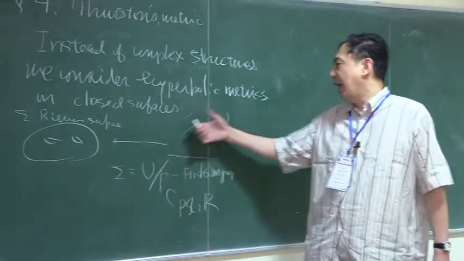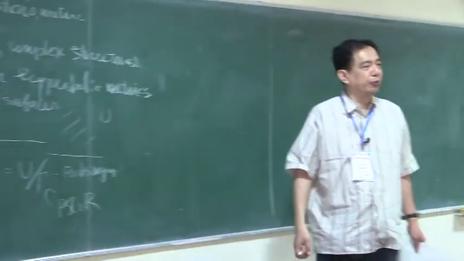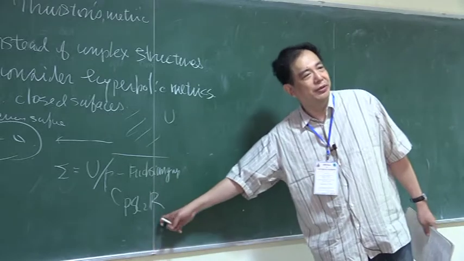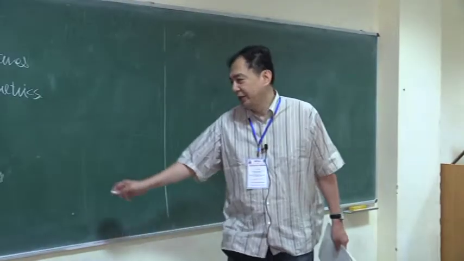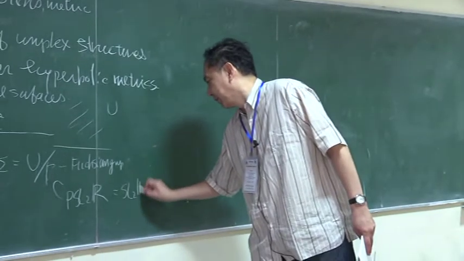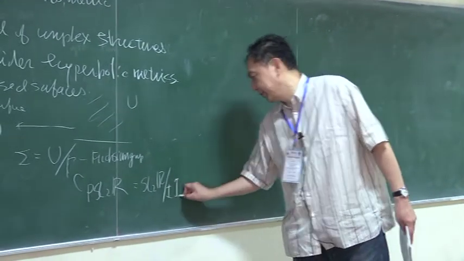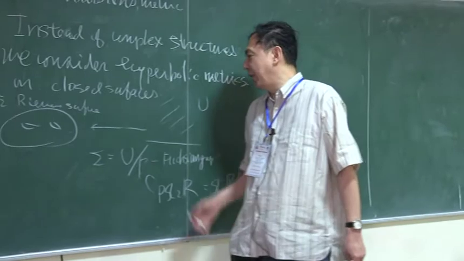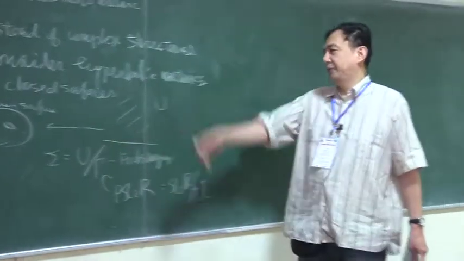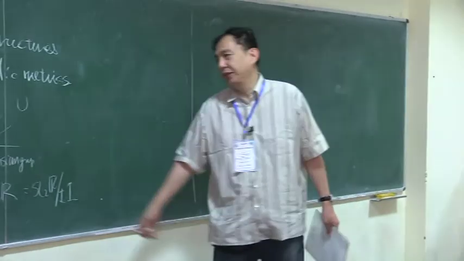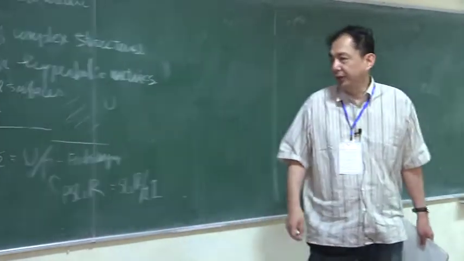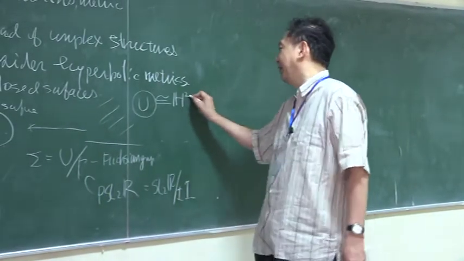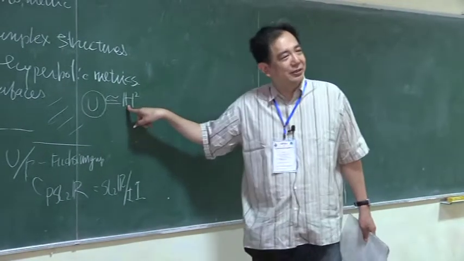The group of the conformal automorphisms of the upper half plane is equal to PSL2R. That is the group of linear fractional transformations acting on the upper half plane. Now this can be regarded as a hyperbolic plane.